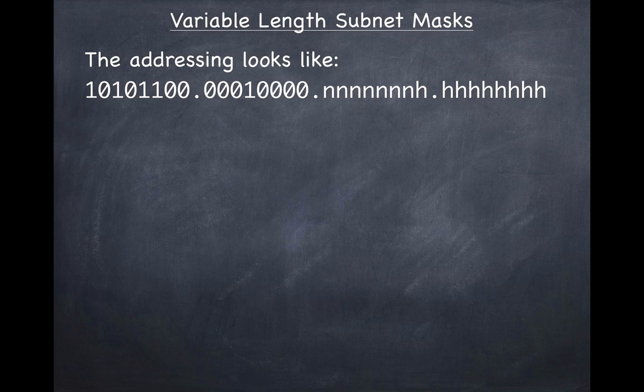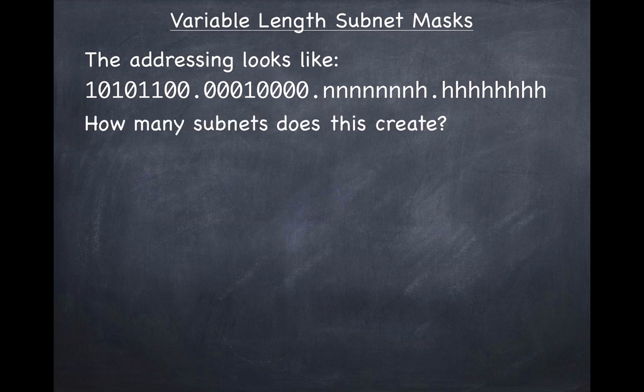We have 9 host bits, and we will have 7 network bits that will be tacked on to our original 16 bits that were in the subnet network portion. So this would be asking the question, how many subnets do we create?